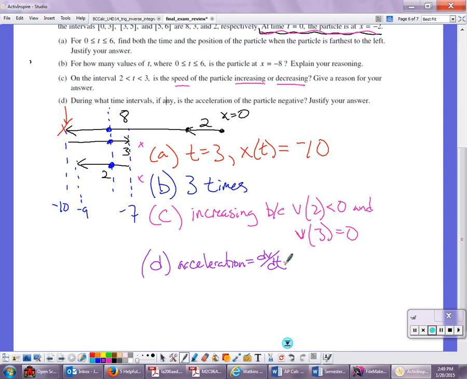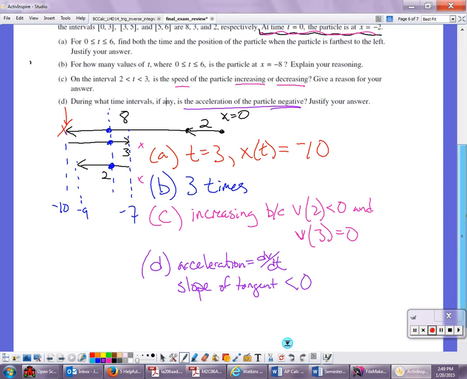So we're looking for where the slope of the tangent, or dv/dt, is less than 0.